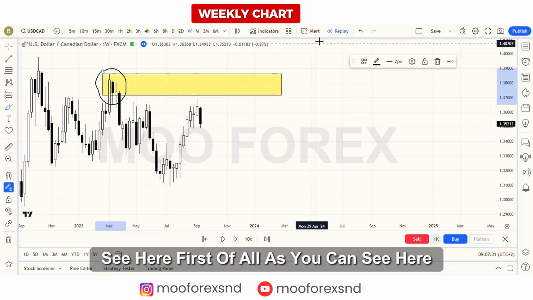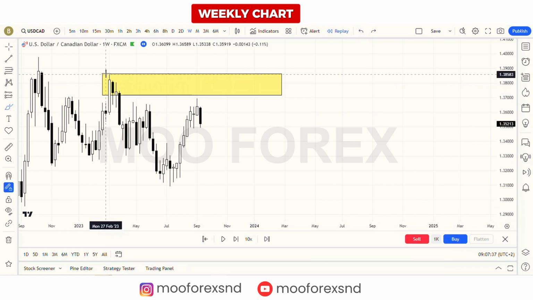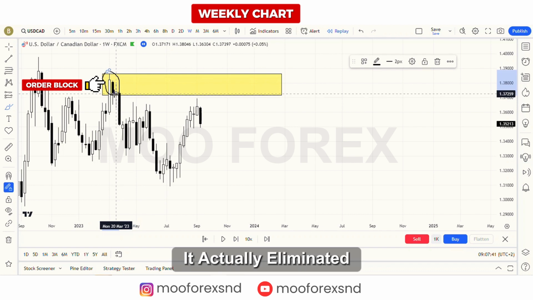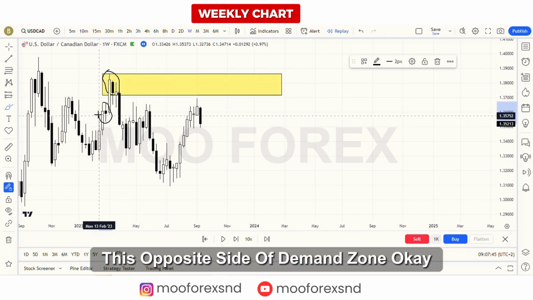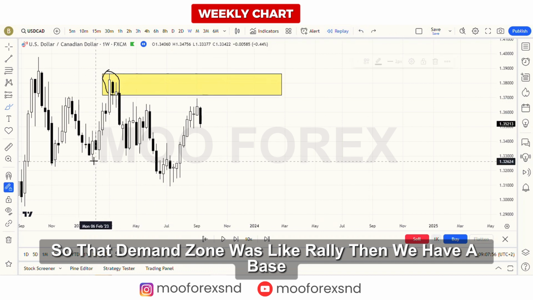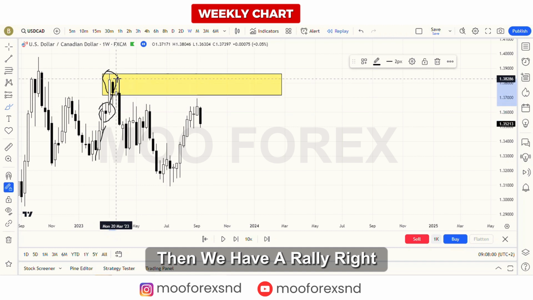See here, first of all, this order block here actually eliminated this opposite side demand zone. That demand zone was like a rally, then we have a base, then we have a rally, right?